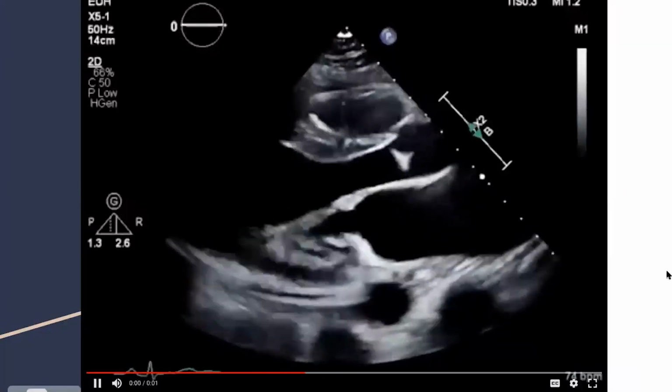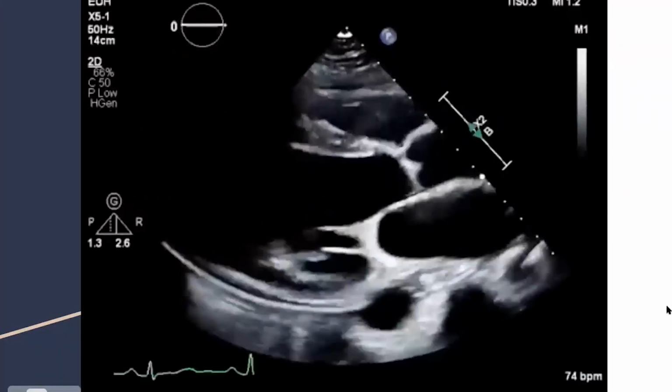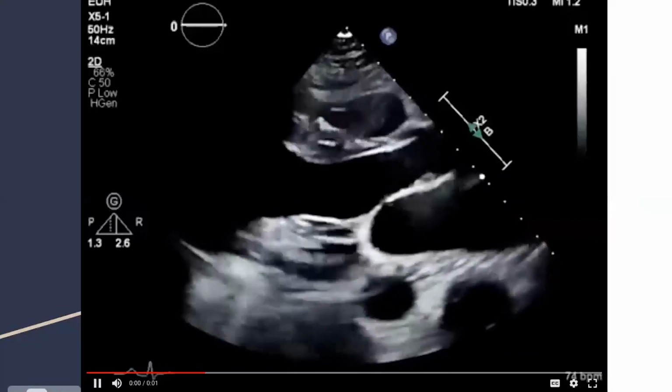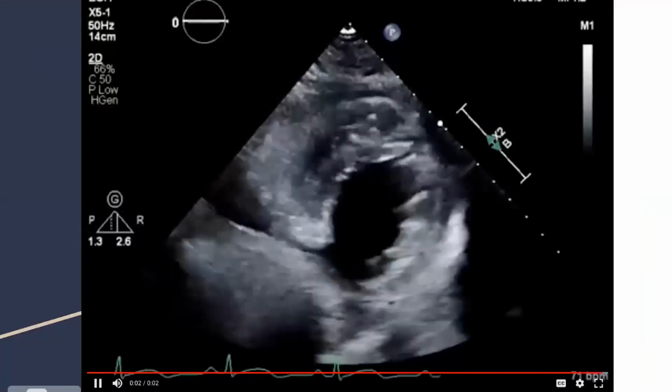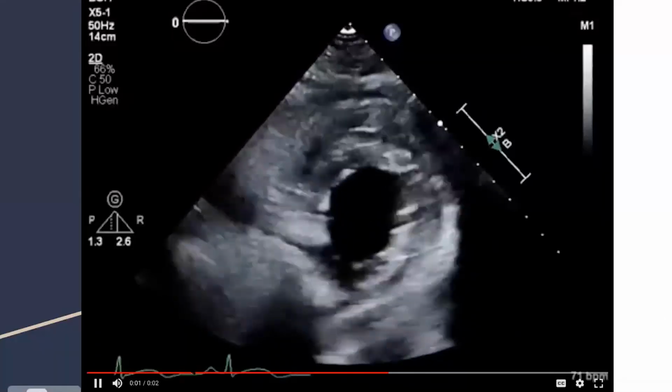As you can see from this parasternal long axis view, her EF is mildly reduced, and she does have some hypokinesis of her anteroseptal wall. In the short axis view, you can also appreciate her mildly reduced EF and septal hypokinesis.